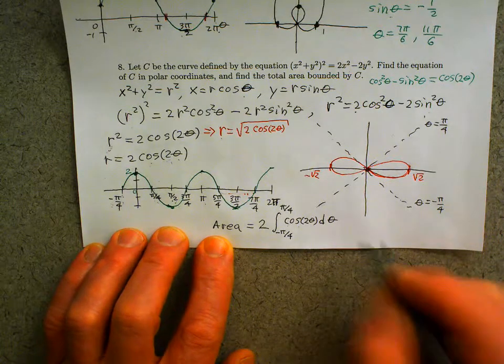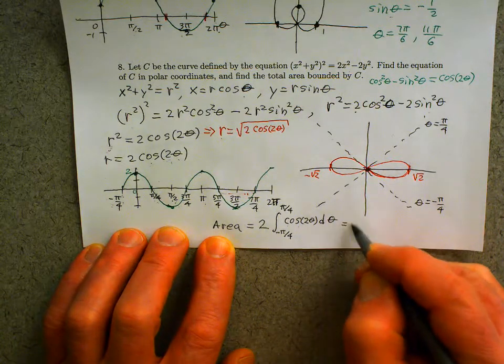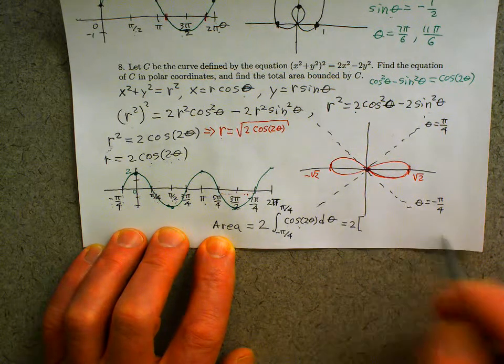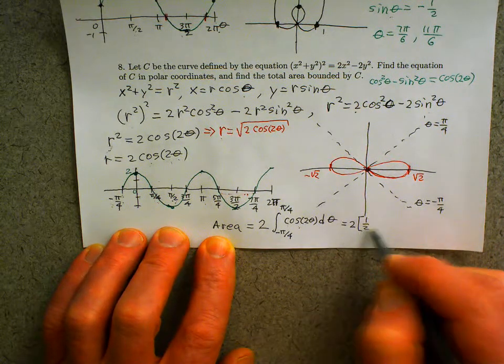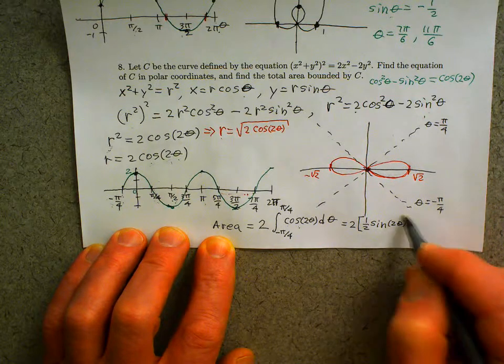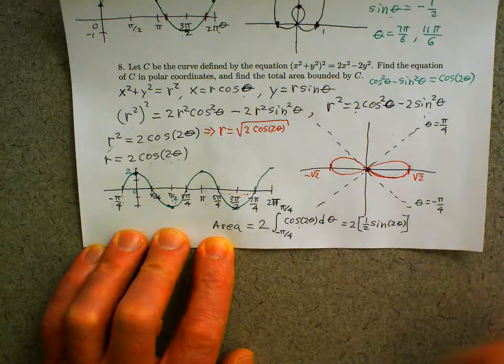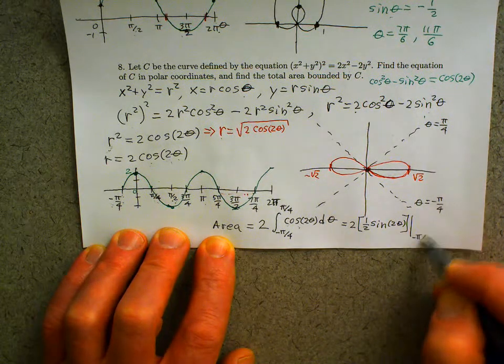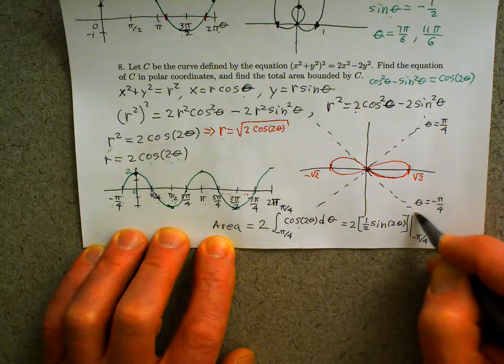I guess we can take it one step further. An antiderivative of cosine of 2 theta is 1/2 times sine of 2 theta. And then evaluate that between theta equals negative pi over 4 and pi over 4.